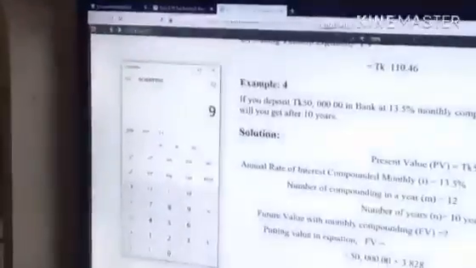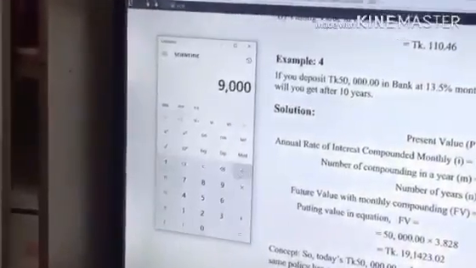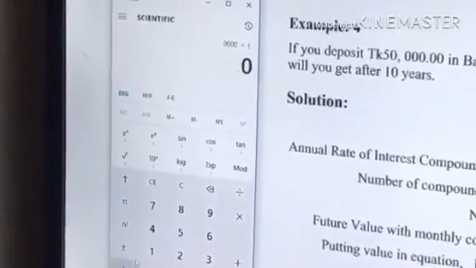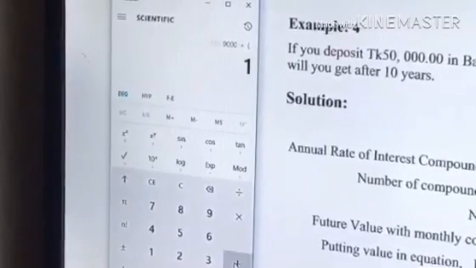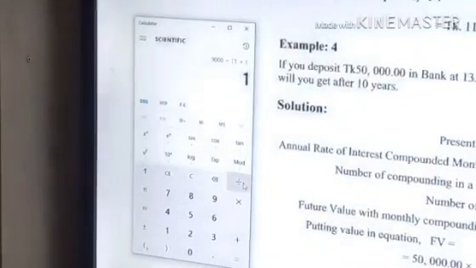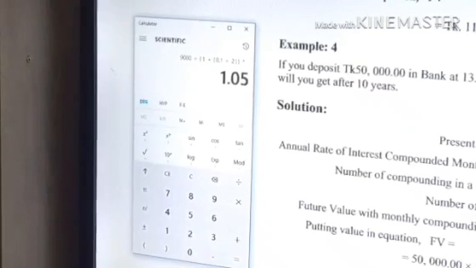9,000 divided by first bracket 1 plus first bracket 0.10 divided by 2 bracket close, then again to the power 5 2s are 10.